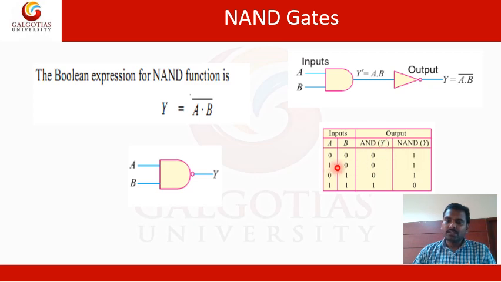Similarly, when A and B are 1 and 0, then the AND gate will give 0, but the NAND gate will give 1. And the NAND gate output will be 0 only when both the inputs A and B are 1, because at this stage the output of the AND gate will be 1, and therefore the output of the NAND gate is 0. So this is the truth table for the NAND gate.